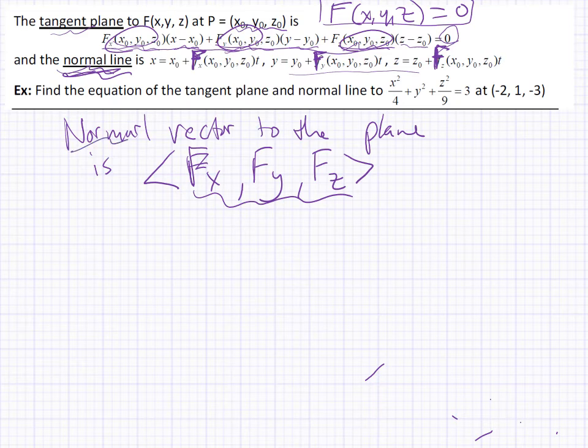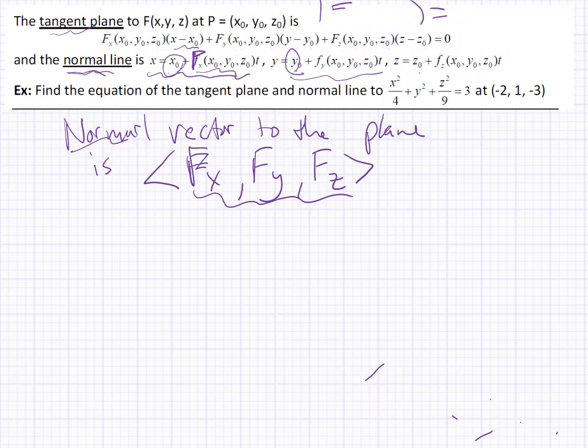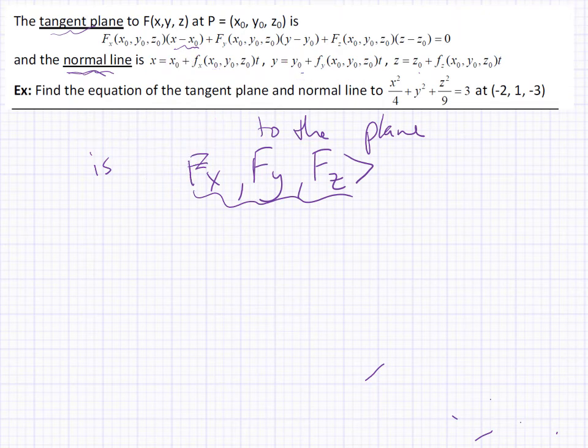Therefore the normal line would be parallel to that, and we can place it in our normal line equation, where x sub 0, y sub 0, z sub 0 are the point that we're going through. These are the components of the vector, and we write the equation of our line. Now, like I said a second ago, this is no different than what we've been doing.